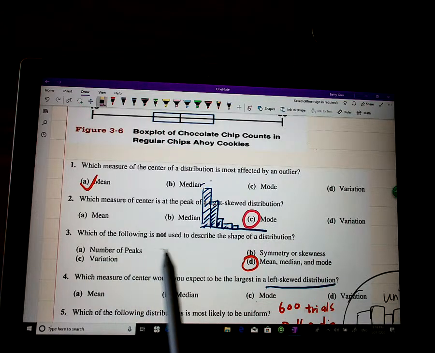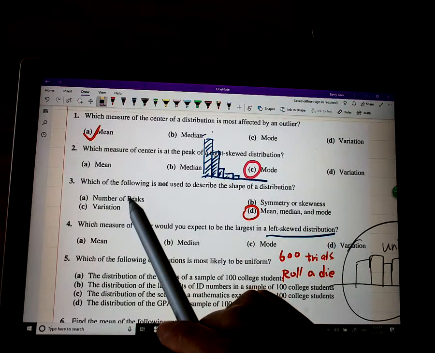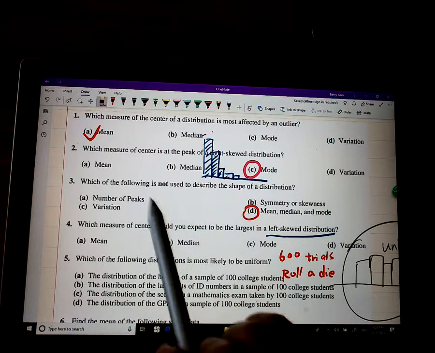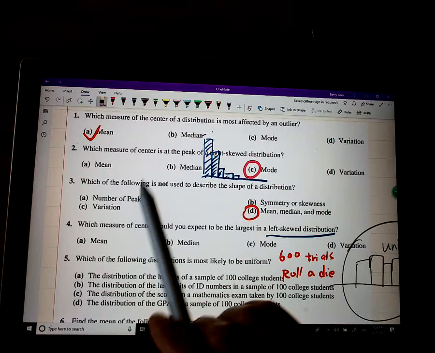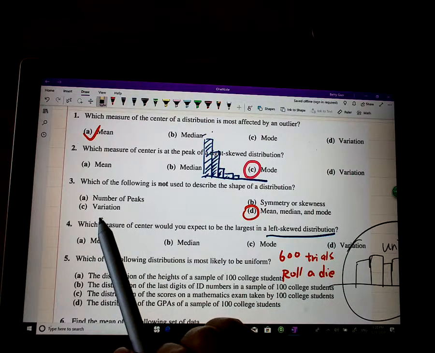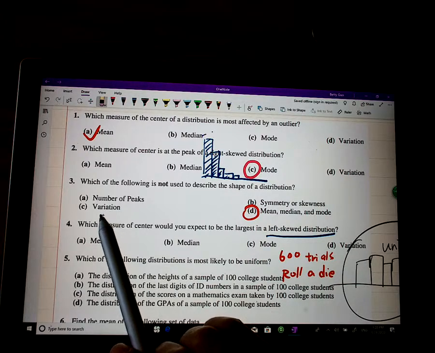Number 3, which of the following is not used to describe the shape of a distribution? Number of peaks describes the shape. If you have one peak, the data set has one mode. If you have 2 peaks, the data set is bimodal. Variance describes how the values in the sample deviate away from the center.